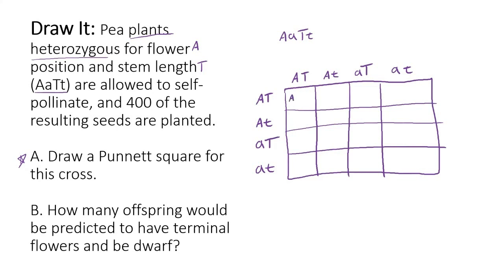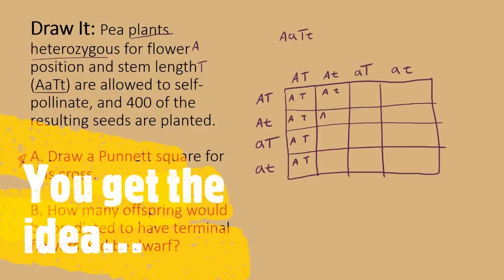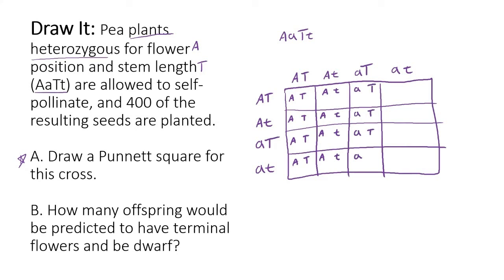So, capital A, capital T. Okay, so we have all of the genotypes on the 16 square Punnett square for this cross.